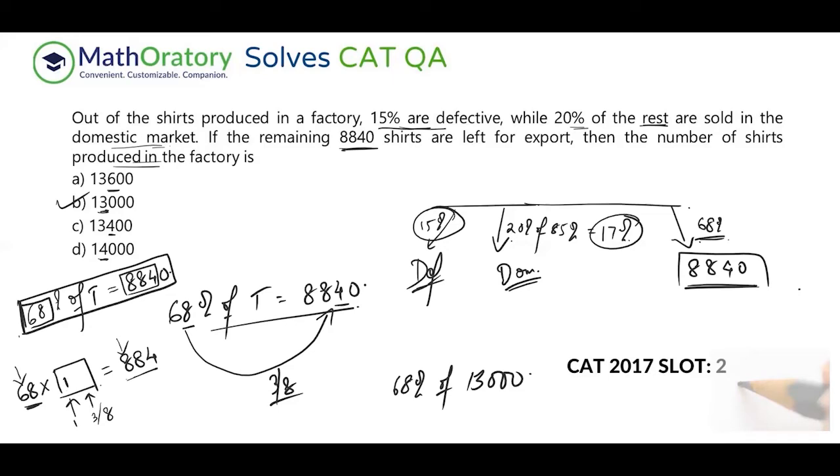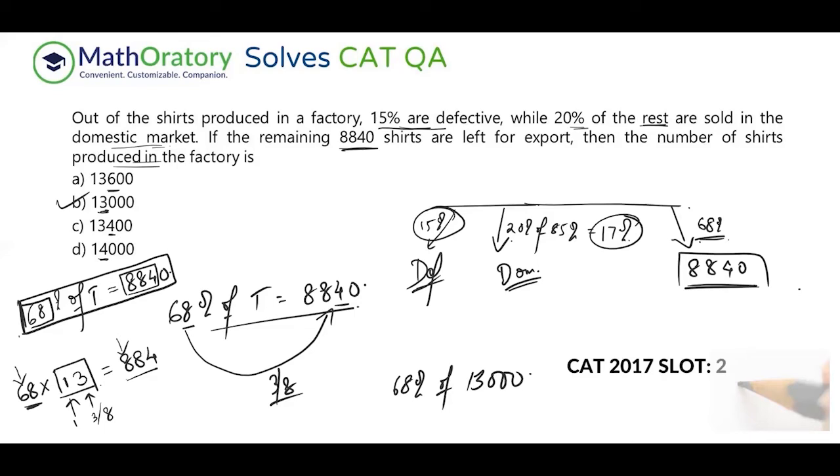Now it depends on how you evaluate it. You can check it with 15 or something, or you can check that 68 into 20 would be 136 followed by a 0, which is a big number compared to 884. So this should be closer to 10 rather than 20, right? So this is 13.